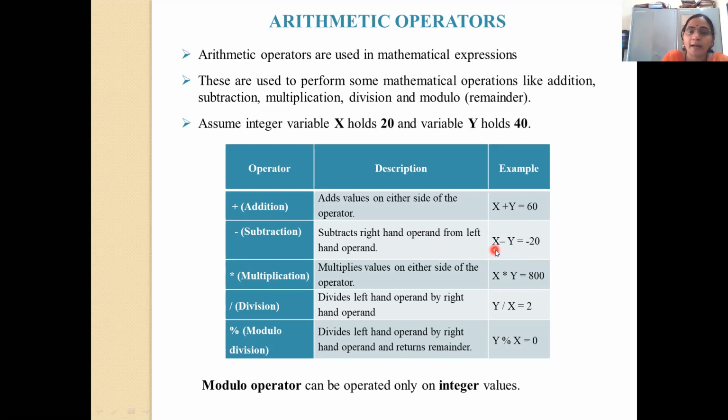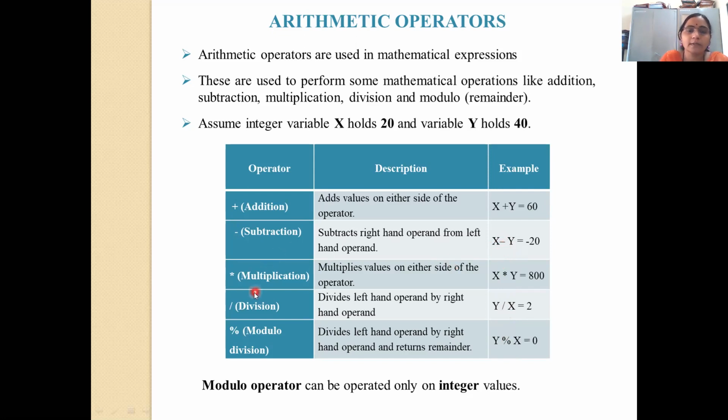What do you mean by the operand? X and y are called the operands, and this symbol is called the operator. So don't confuse between the operand and the operator. X and y are the operands, and this is the symbol: plus, minus, multiplication, division, percent symbol. All these are called the operators.